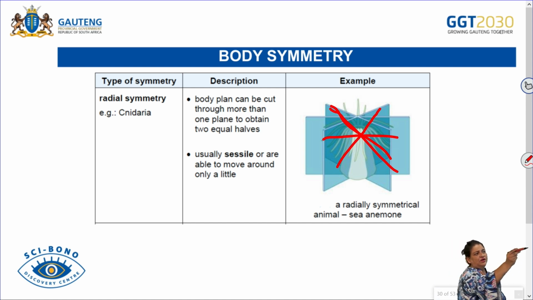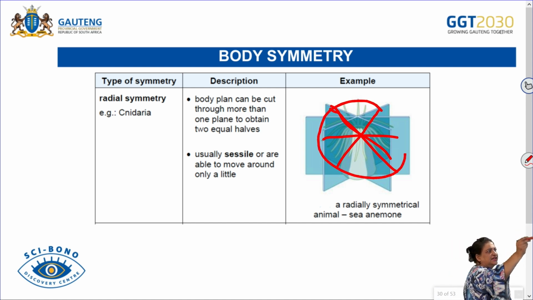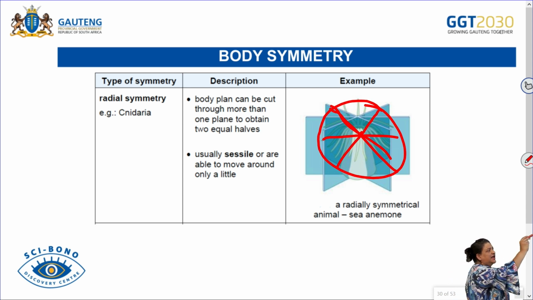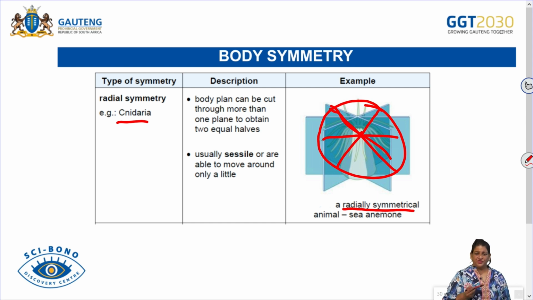So this is called, here's your circumference, and then from there to there is a radius, so along any plane through the center, I'm going to get an equal half. This is a radial symmetry. Example, your sea anemone. So your Cnidaria, your sea anemones are actually radially symmetrical, whereas your Protista, amoeba, is asymmetrical.